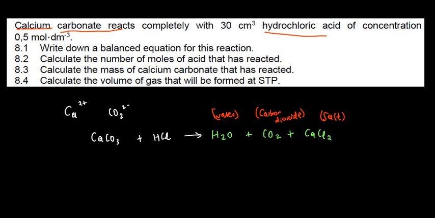From here, on the CO3, what will happen is that the CO3 is going to split into two things. It's going to split into CO2 and oxygen, because it's CO3. And then the hydrogen will come and join.